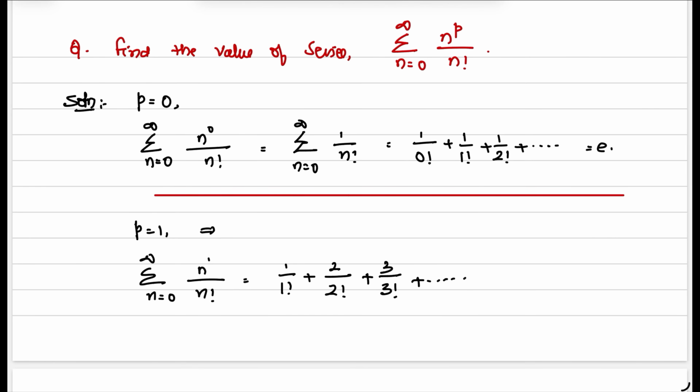This value is also, we can say, 1 by 0 factorial plus 1 by 1 factorial plus 1 by 2 factorial, because 3 by 3 factorial is nothing but 1 by 2 factorial. 3 gets cancelled this way.